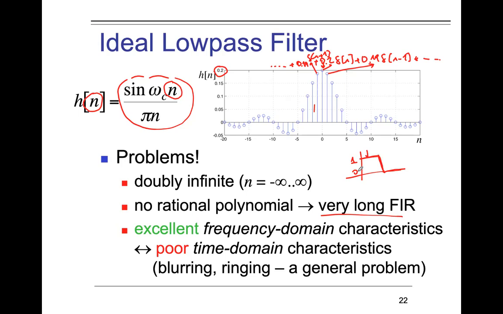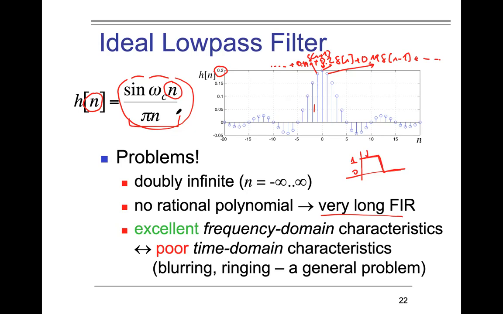You gain excellent frequency domain characteristics, but you lose time domain characteristics. Why? Because now my h of n is very long. Very long means a huge processing time for this filter. It is not causal.